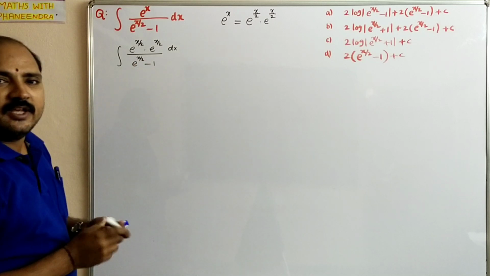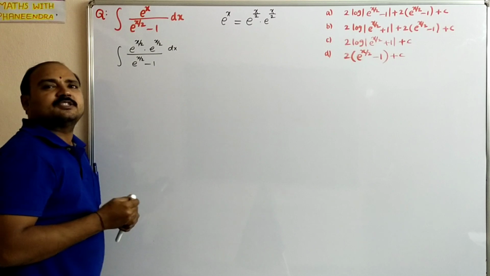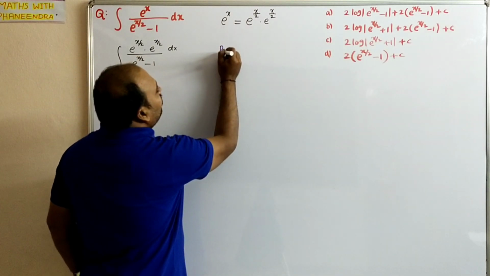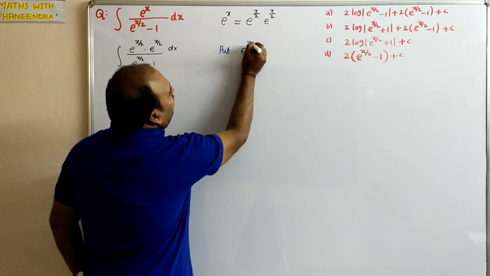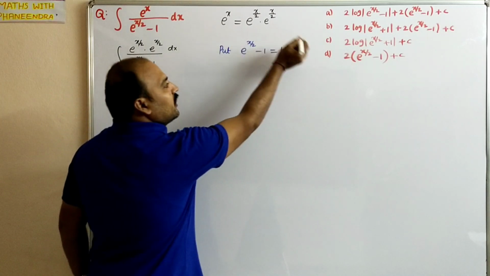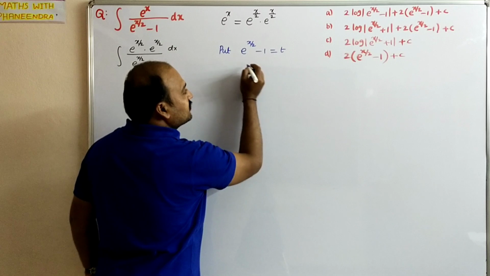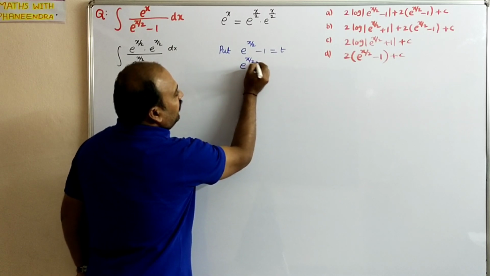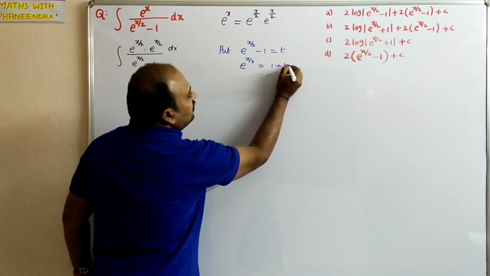Now I am assuming the denominator value as t. So put e power x by 2 minus 1 equal to t. Minus 1 we can take to the RHS side, e power x by 2 equals 1 plus t.